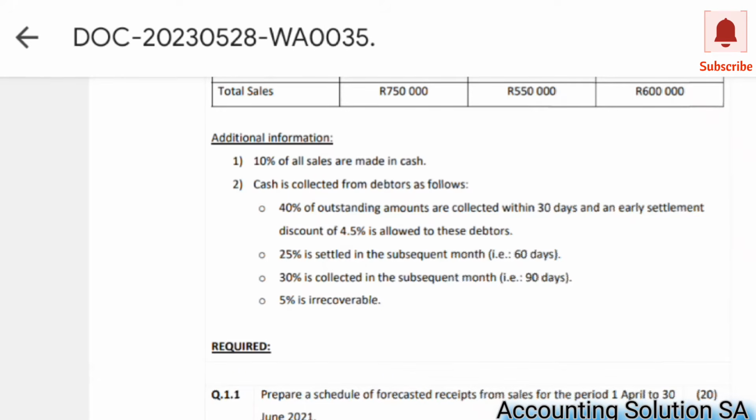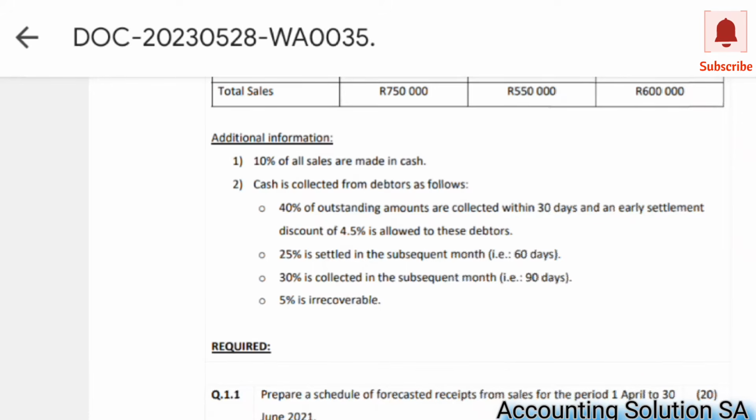So you're gonna say 100 minus 4.5%, which is going to give you 95.5% that you're going to use to calculate. Okay, unless you prefer the method of calculating the discount first and you subtract it, but it's gonna take time.